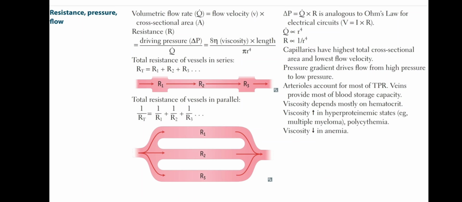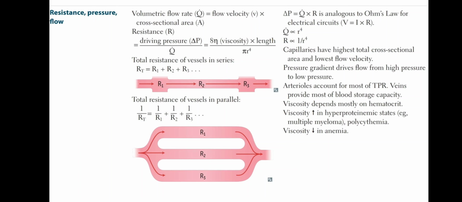Volume flow rate equals flow velocity multiplied by the cross-sectional area. This is analogous to Ohm's law for electrical circuits, where potential difference equals current multiplied by the resistance. You need to know that capillaries have the highest total cross-sectional area and lowest flow velocity.